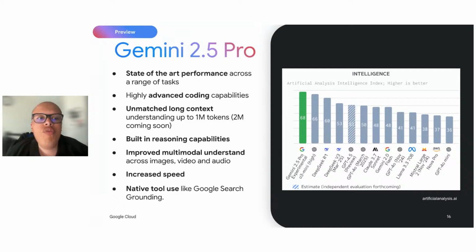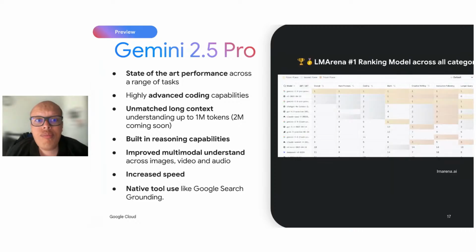So Gemini 2.5 Pro, as we said, is built in with reasoning capabilities. It has improved multimodal understanding across different modalities: audio, video, and images. It has increased speed, and it also has access to native tools such as Google Search grounding.